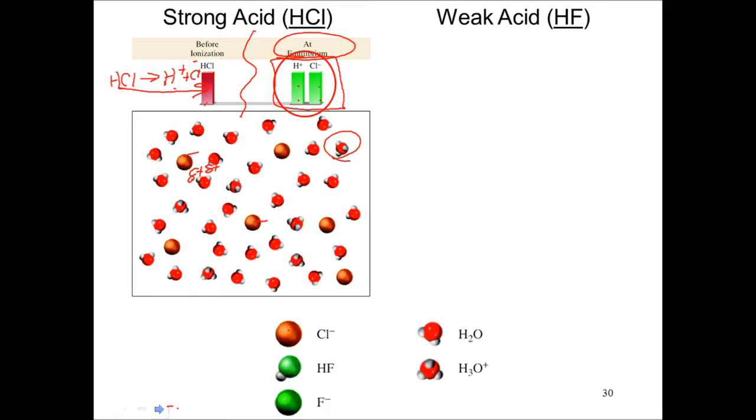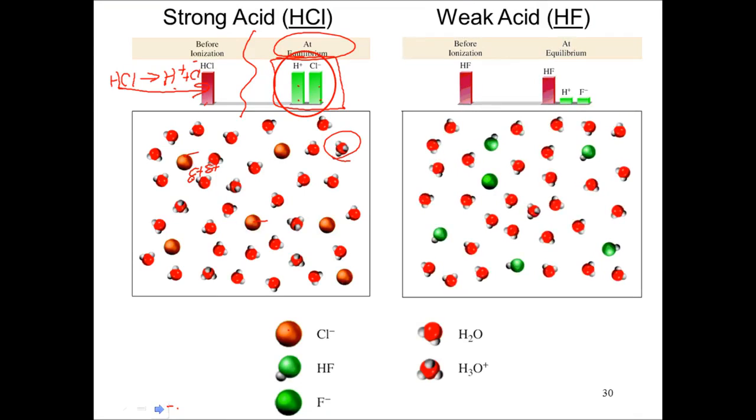When we have a weak acid, like our hydrofluoric acid, when it dissociates, you will get your hydrogen ions and your fluoride ion. You will get that two-way arrow. So here, what you see is you have HF still present at equilibrium.